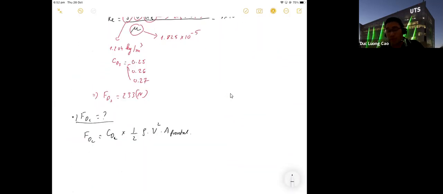You have 5 minutes to find FDC, the drag force applied to the cylinder.